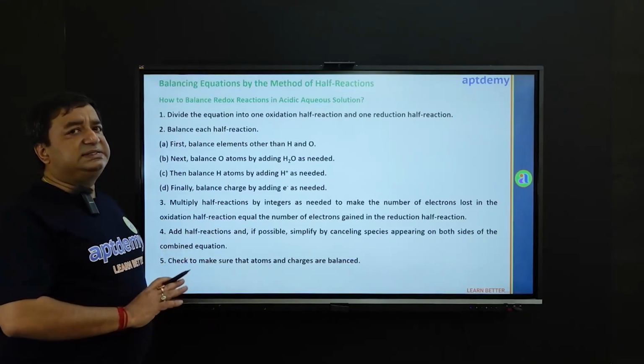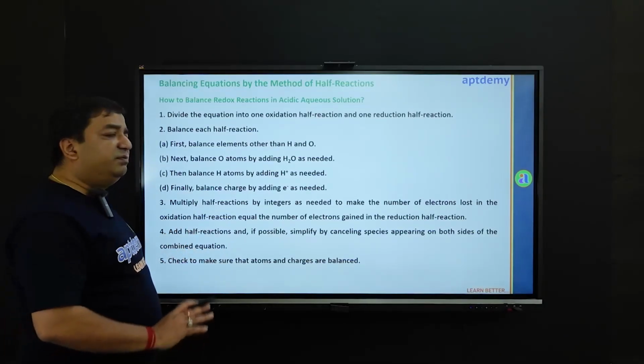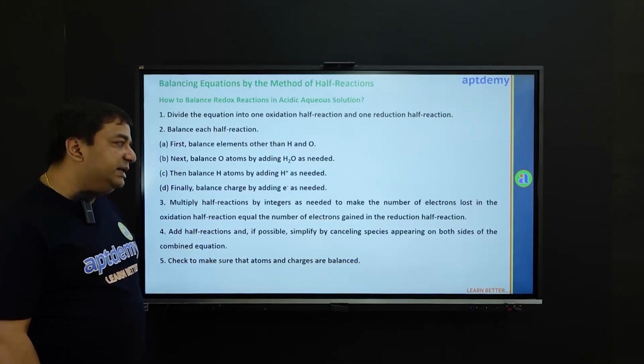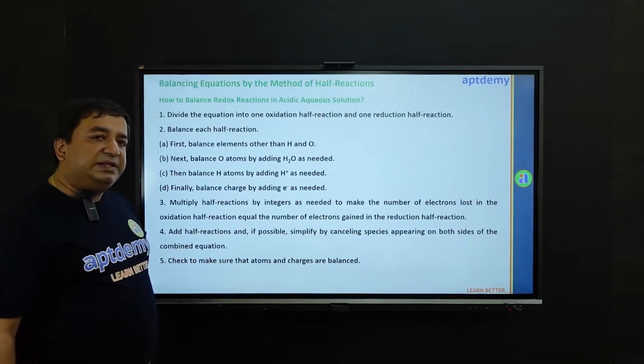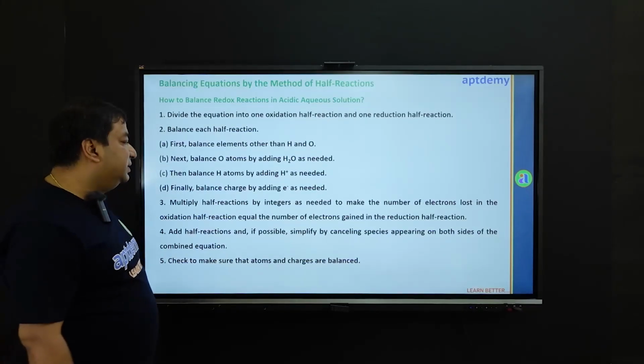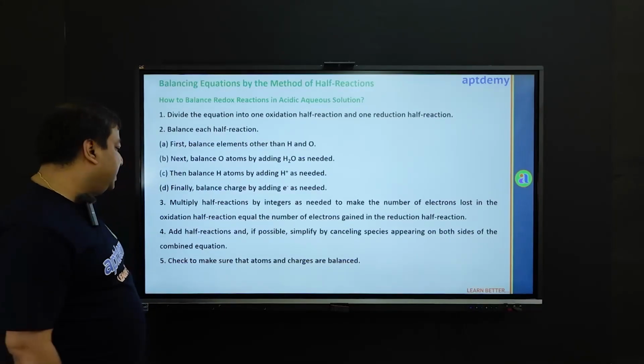Now, if at this stage, in both the reactions, the number of electrons are not the same, then what do we do? We will multiply half reactions by integers as needed to make the number of electrons lost in the oxidation half reaction equal to the number of electrons gained in the reduction half reaction.